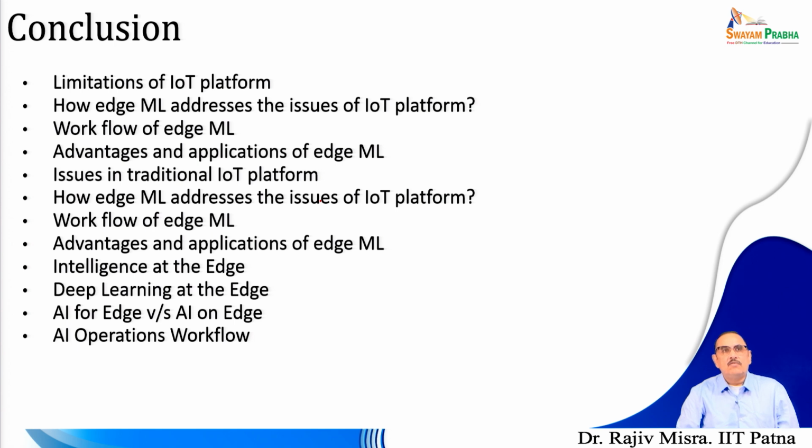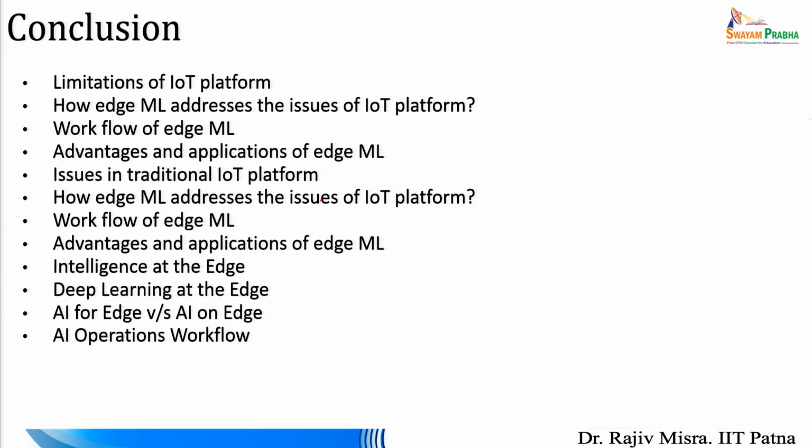So, in conclusion, what we have seen is AI for the edge and AI on the edge, and we have seen how machine learning can be run at the edge. Both of them require intervention at both ends.